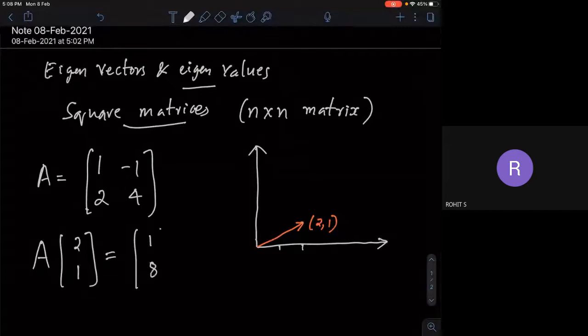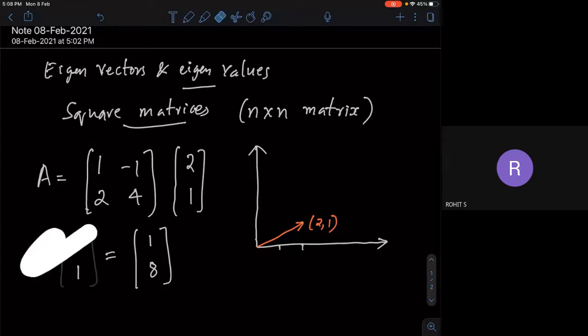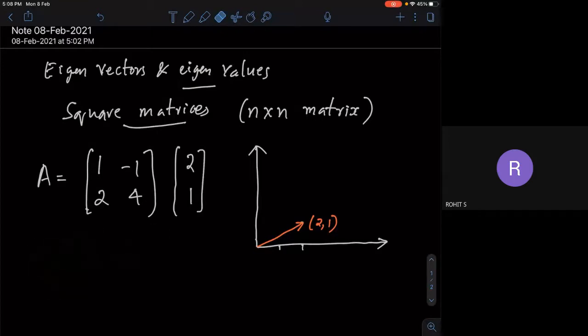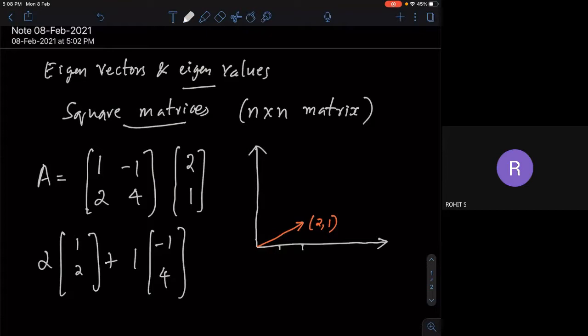Yeah, sorry, 1, 8. So it's 2, 1, right? You multiply 2, 1, so this multiplication is 2 times 2 plus 1 times minus 1 which is 4, and this is what I just forgot. It's 1, 8, right?